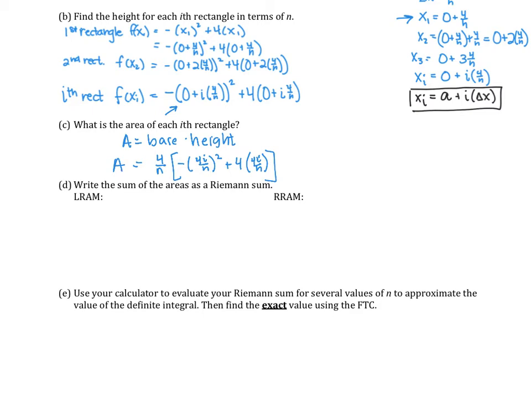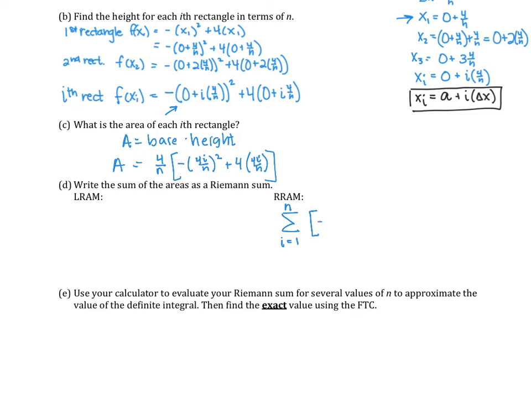Well, if I know the area of the ith rectangle, then I can find the area of all rectangles by doing the sum from i equals 1 to i equals n, the number of rectangles, and my area would be the base times the height.